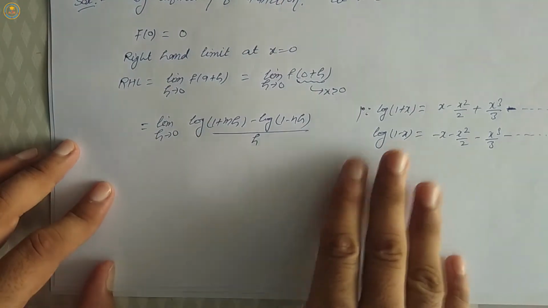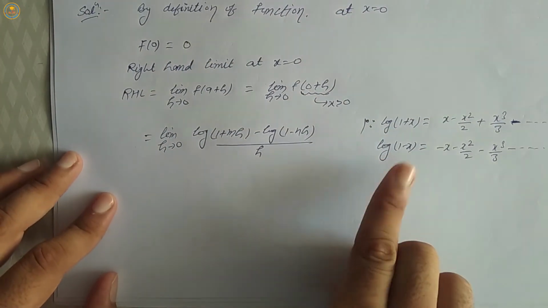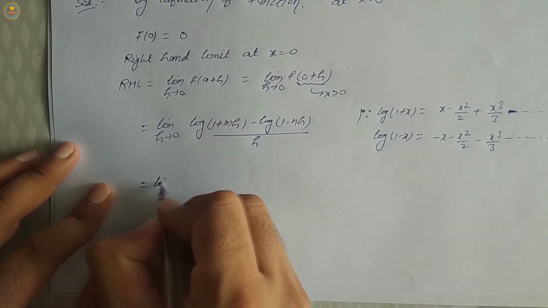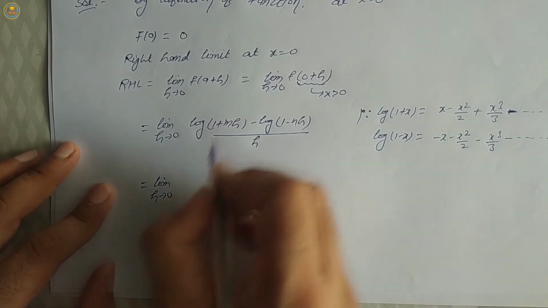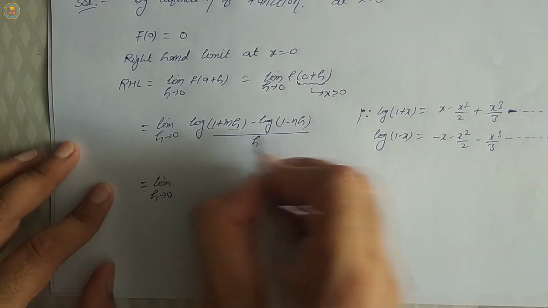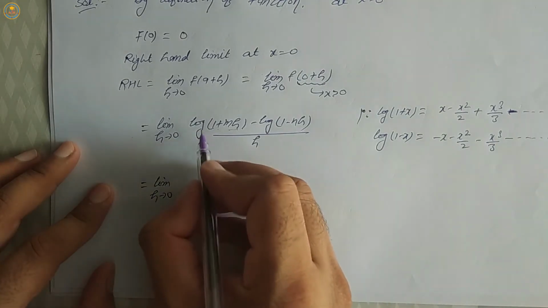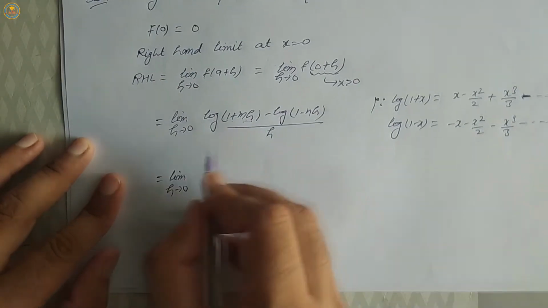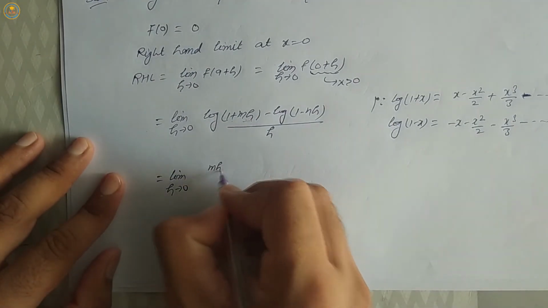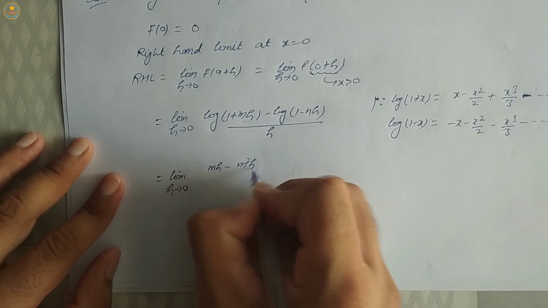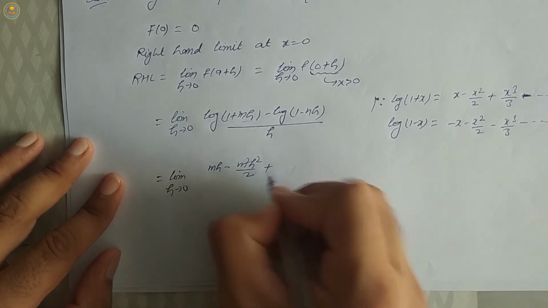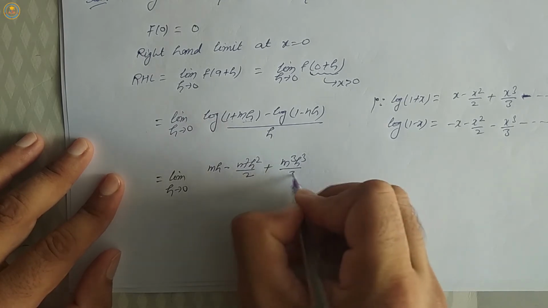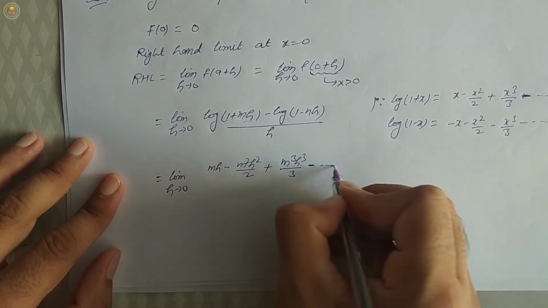Okay, apply the formula of log(1 plus x) and log(1 minus x), limit h tends to 0, where x is equal to mh and x is equal to nh. First, log(1 plus x) means mh minus m square h square by 2 plus m cube h cube by 3 minus and so on.